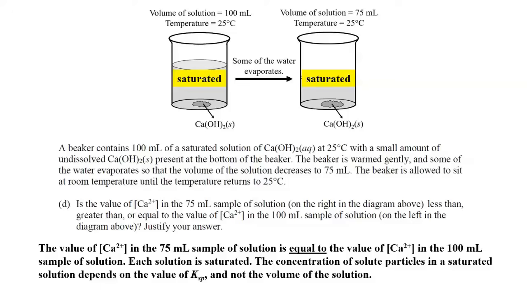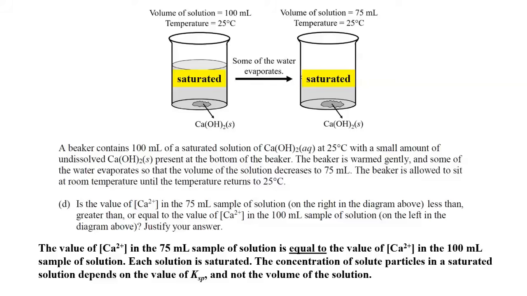The concentration of the solute particles in a saturated solution depends on the value of KSP and not the volume of the solution. So it doesn't matter whether we have 100 milliliters or 1,000 milliliters. If it's saturated, then the concentration of the calcium ions in those solutions would be the same. It's determined by the value of KSP and not the volume of that saturated solution.